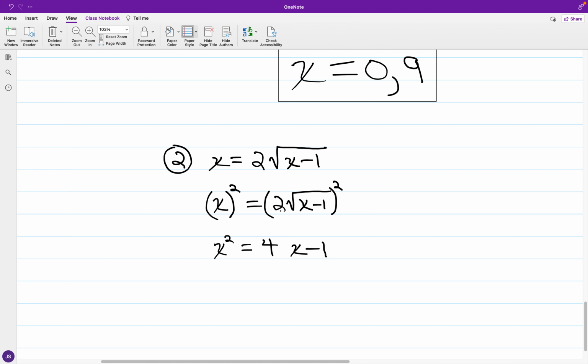It raises the coefficients and the terms, like 2 goes to 4, and the square root of x minus 1 goes to x minus 1, but it does not undo the multiplication. So the square of this expression is going to be 4 times all of x minus 1. So in this case, we have x squared is equal to 4x minus 4.